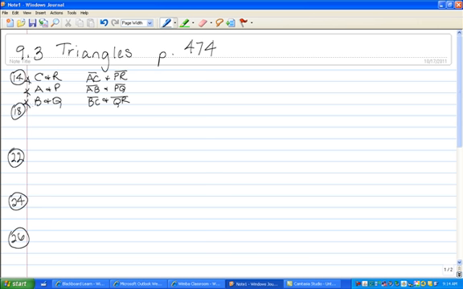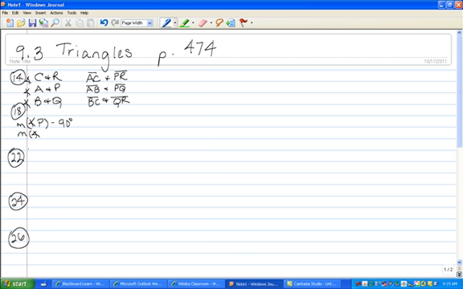All right, let's move down to number 18. It says find all unknown measures in each pair of similar triangles. Okay, so as we look at number 18, we have angle C is 90 degrees, which corresponds to angle P. So angle P would be 90 degrees. The measure of angle A is given.